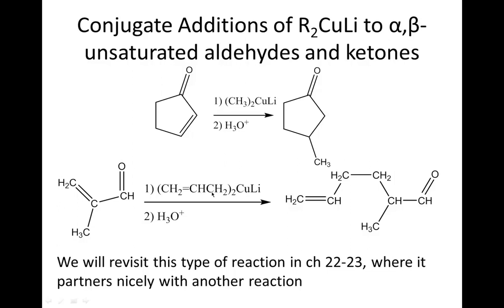And so this carbon right here attaches to this beta position carbon. And so if you look, these three carbons right here are the ones that came in here in the lithium diorganocuprate, and then these three in this portion of the molecule are these three. And so we lose the double bond, and we get that new group on the beta carbon.